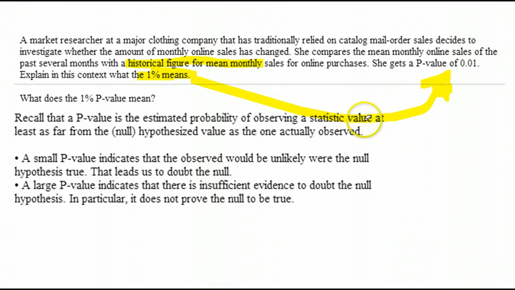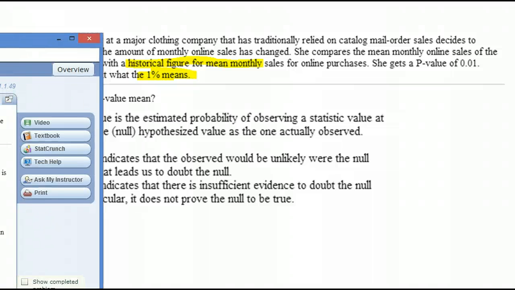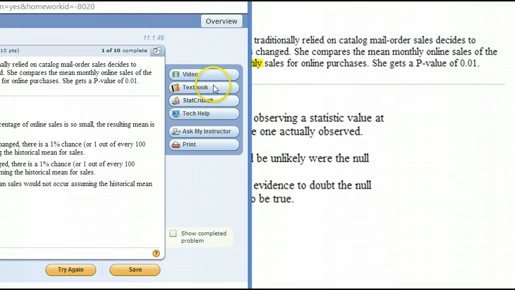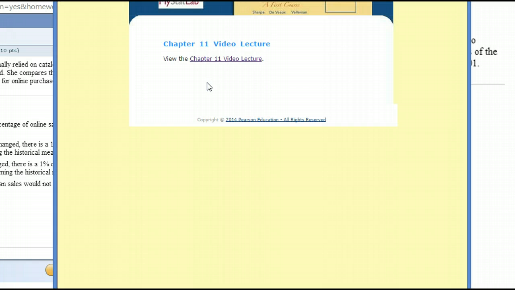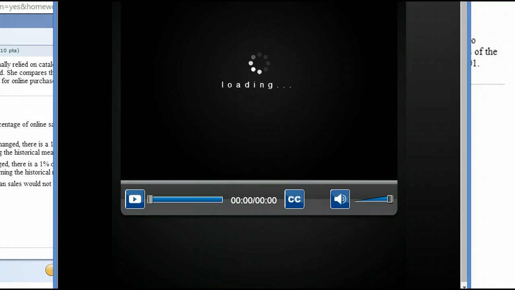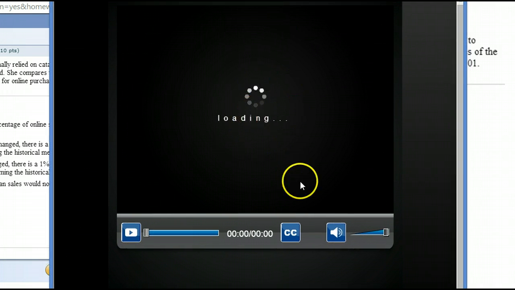Now, importantly, we want to remind ourselves what a p-value is. And at this point, I am not sure that everybody is doing this, so I'm gonna do it real quick. If you're looking at a question, this section to the right, please remember to use the video link. I just clicked on it. It takes you to a video done by the authors for the chapter, and it's pretty powerful.